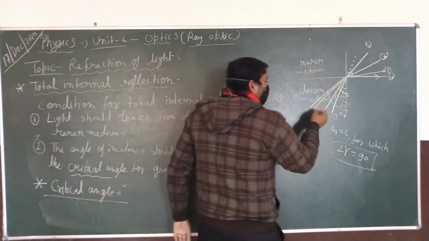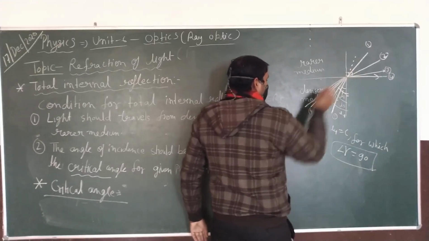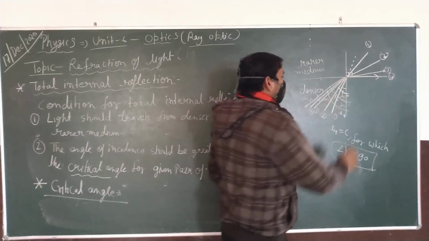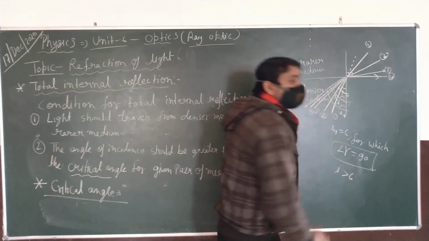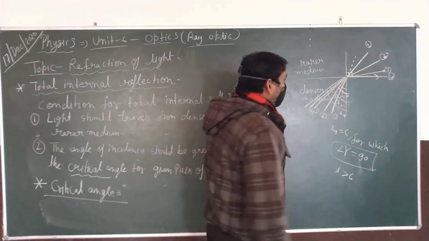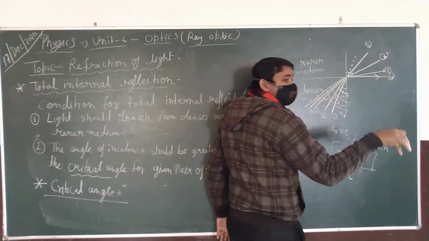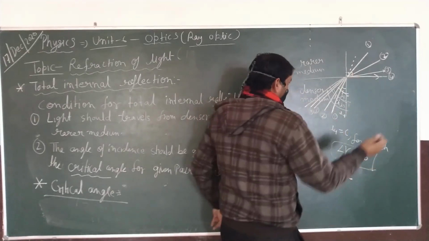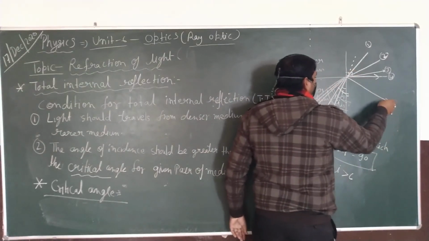And if you increase 1 degree for the fifth ray, this is your fifth ray, for the angle I which is greater than the critical angle, we find that the ray is internally reflected in the denser medium and follows the law of reflection. And it moves in this direction.